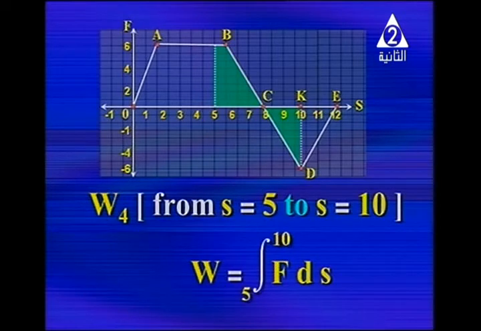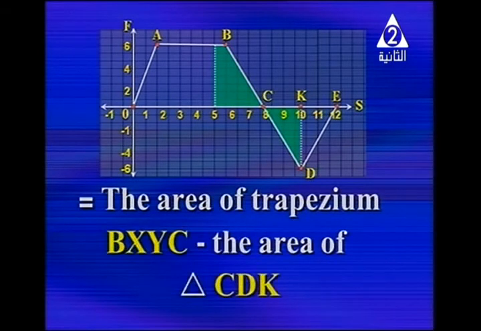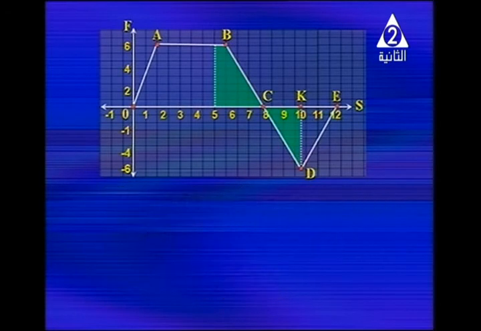Then the work done by the body from 5 to 10 equals the area of trapezium BXYC minus the area of triangle CDK.